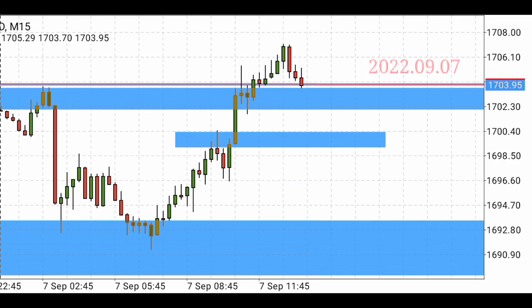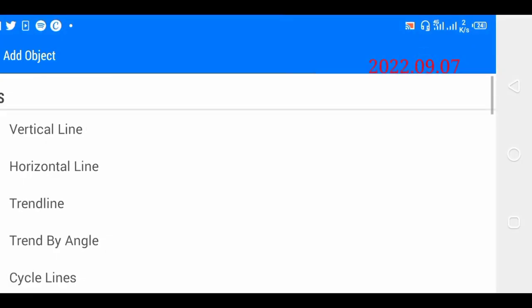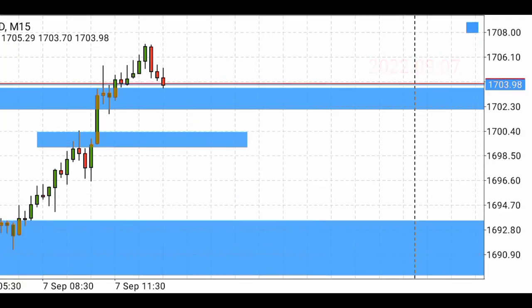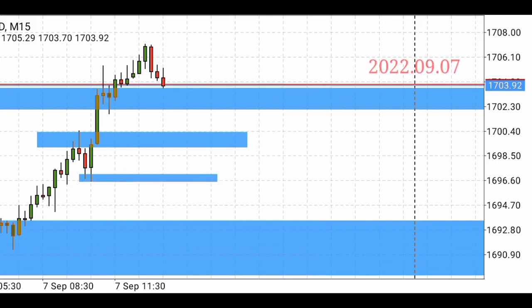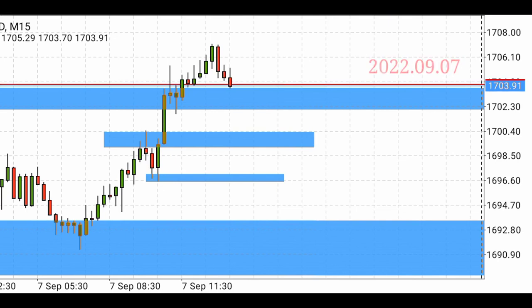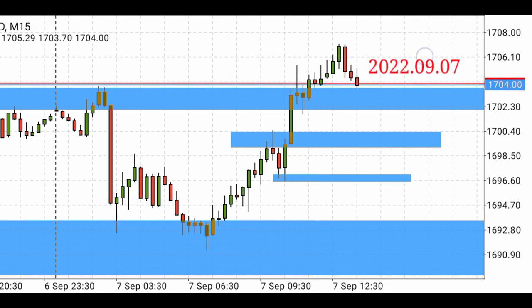This is a swing high and this is a swing low. This is a swing low in the 15 minutes time frame. So to be more conservative right now, the best option would be to wait for price to come down to this 15 minutes previous swing high that has been broken to see how price will react at that point.